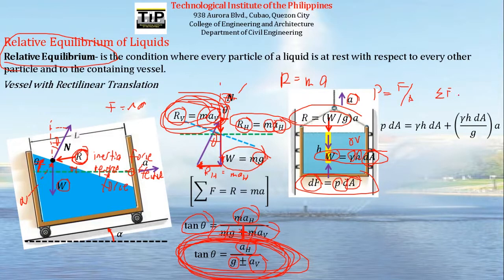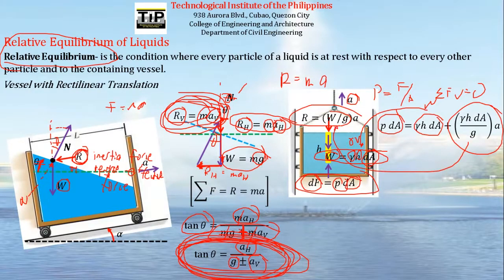So take the summation of forces along vertical equals 0. This is going up. It counteracts these two forces. So therefore, on this side, PdA equals the weight, gamma h dA, plus R. Again, weight is equal to gamma h dA. So we substitute this to this.